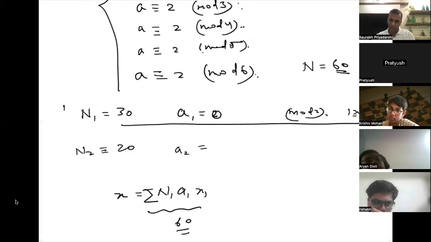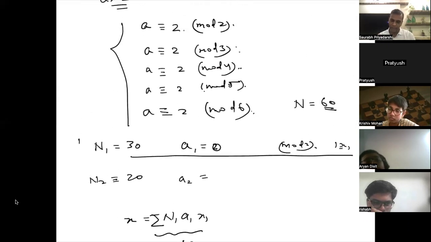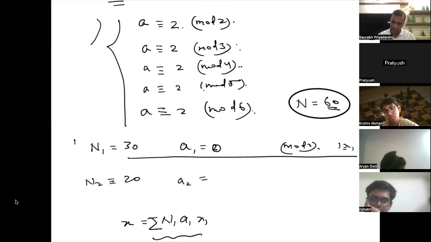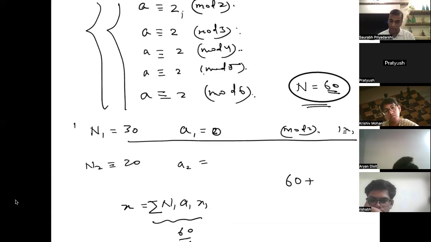But overall, if you see, when I'm dividing this by 60, every number has the same process, and we are getting the remainder as 2 in each and every number. The LCM of the numbers is 60, and every time I have to get the remainder 2.